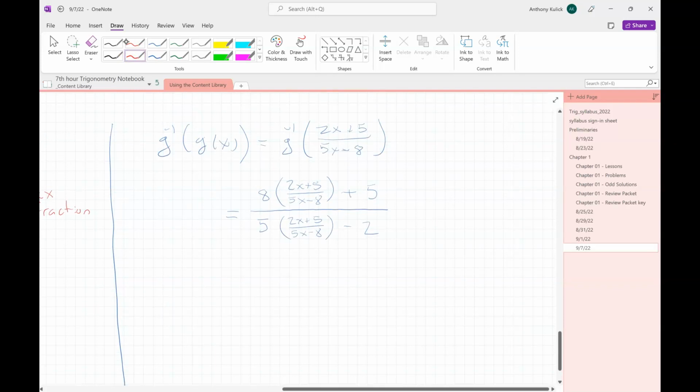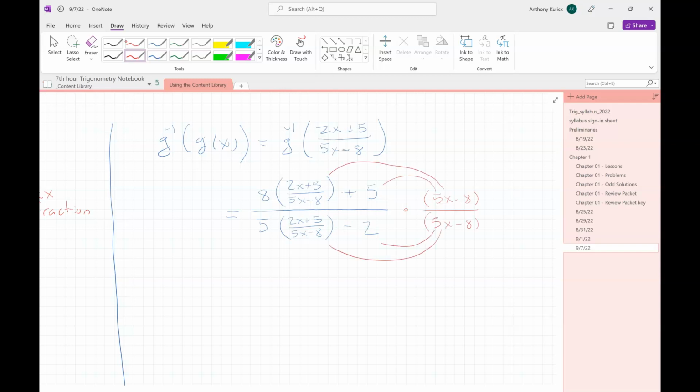Okay, so we did the composition. How do I get rid of the fractions inside of fractions? Multiply by? Excellent. We'll distribute that through.